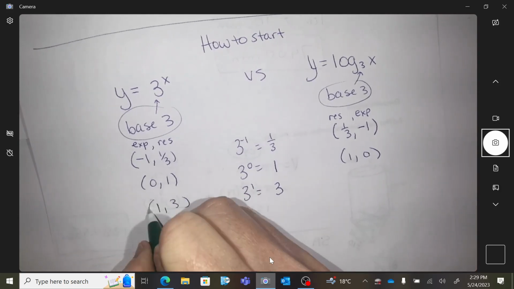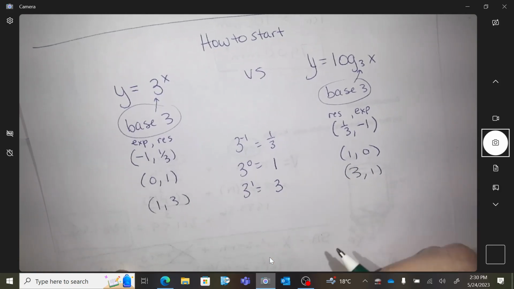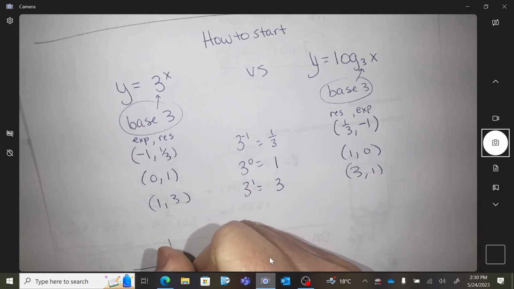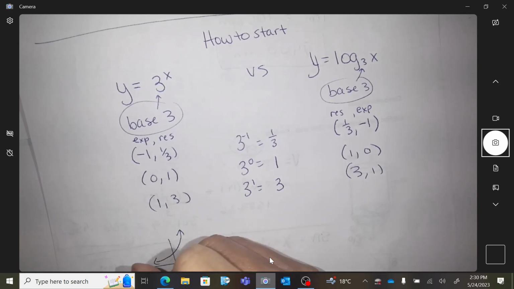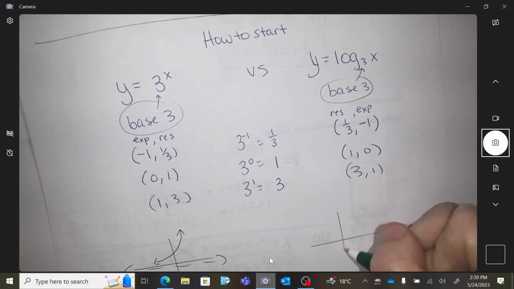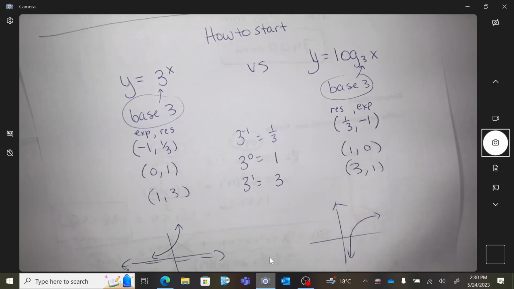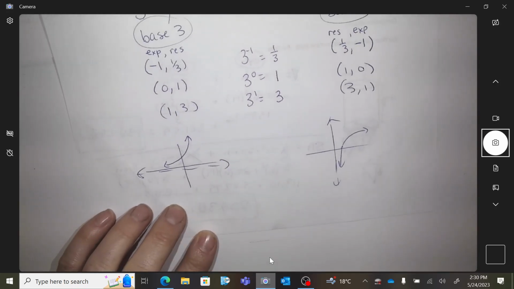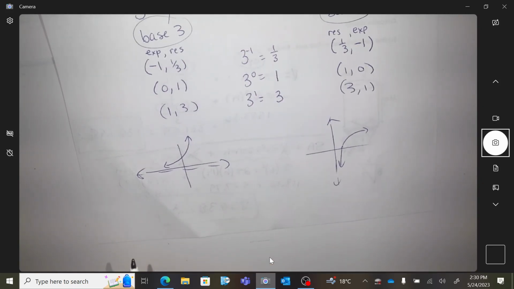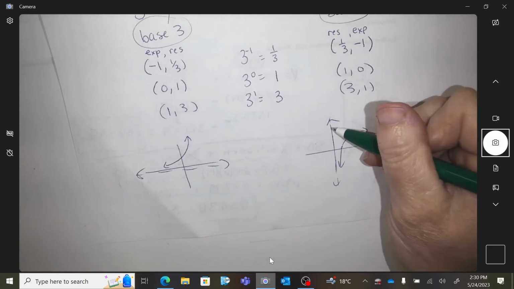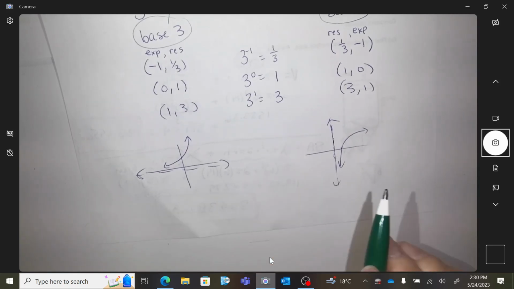This is 1, 3, and this would be 3, 1. Okay. So there you go. That's the understanding of exponents versus logs.